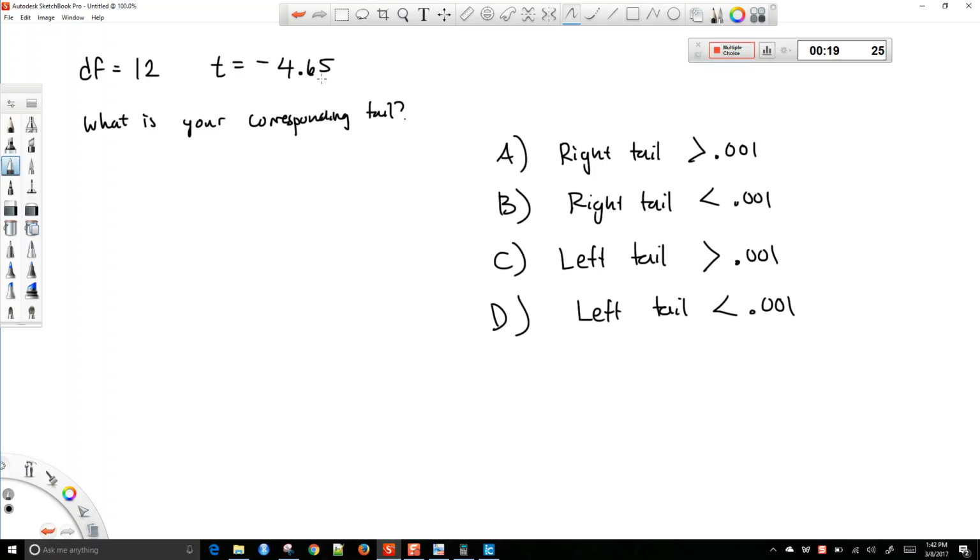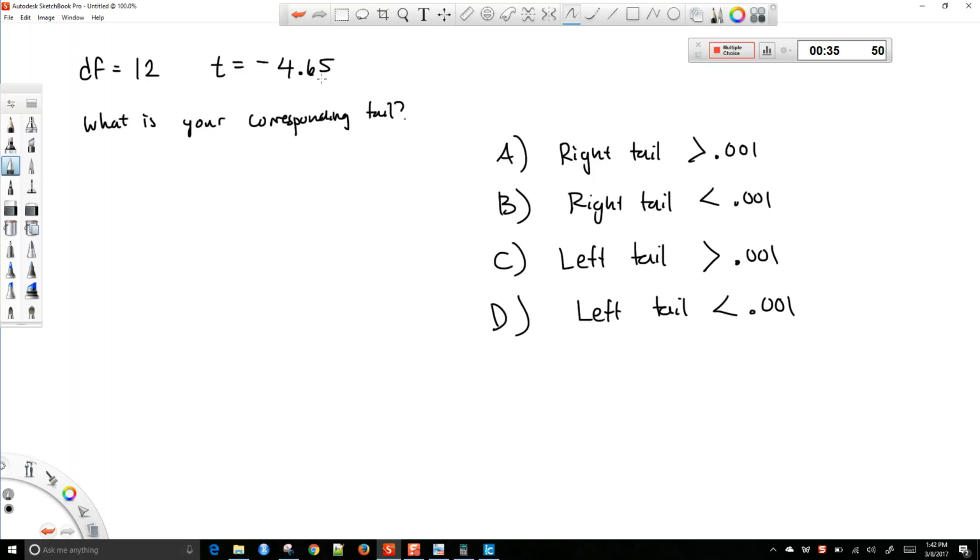So you've got to make a judgment. Are we going to have the tail area be bigger than 0.001 or less than 0.001? And am I dealing with the right tail or my left tail? Keep that in mind.